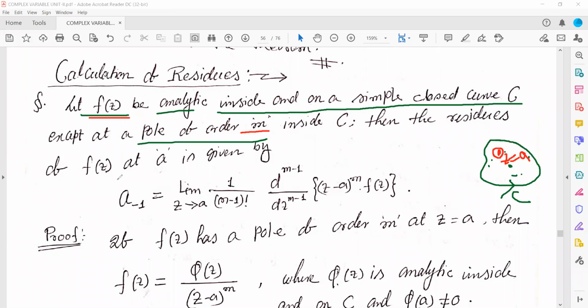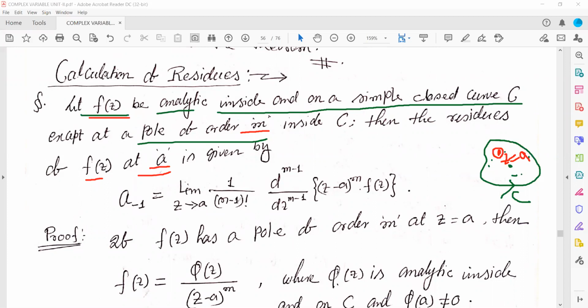Then the residue of f(z) at z equal to a is given by, at what point are you calculating the residue? At the point z equal to a. So you have to take the limit as z tends to a.